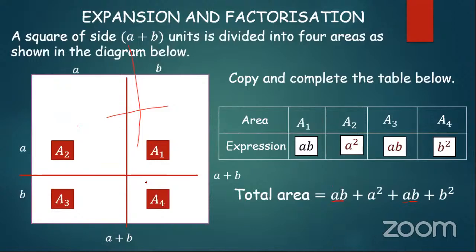When we got area 4, which is here, this is the same as this, so this is B, and this one here is also B. So B times B gives us B squared. Okay, so that is how we got B squared.